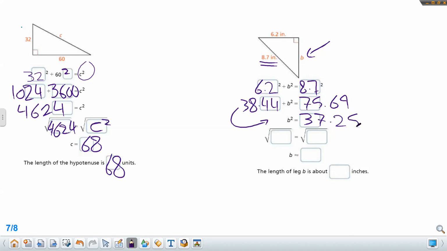Then you can take the square root of both. The square root of b power 2 equals the square root of 37.25. It will be 6.1 to the nearest one decimal. Then the length of leg B is about 6.1.